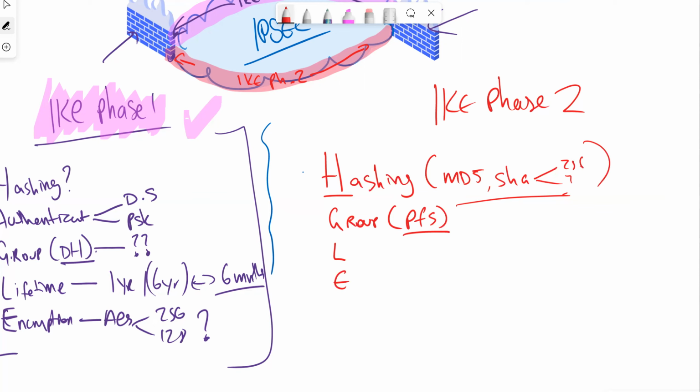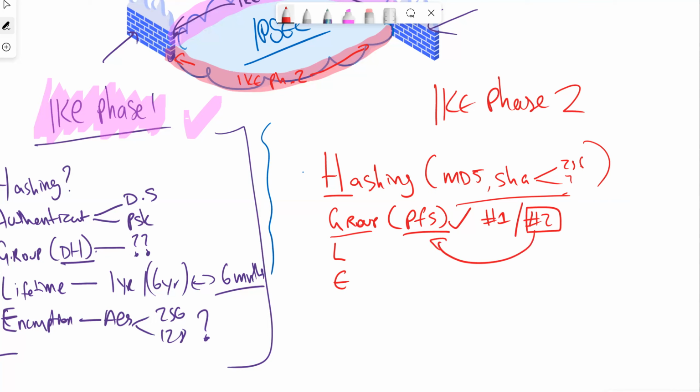If we want to enable perfect forward secrecy, that's great. It just means that we're now running a different Diffie-Hellman group than we did in our phase one. So it can be the same if you want, or we can go away and do it again. If we do it again, just know that perfect forward secrecy will be enabled, which is a nice thing.